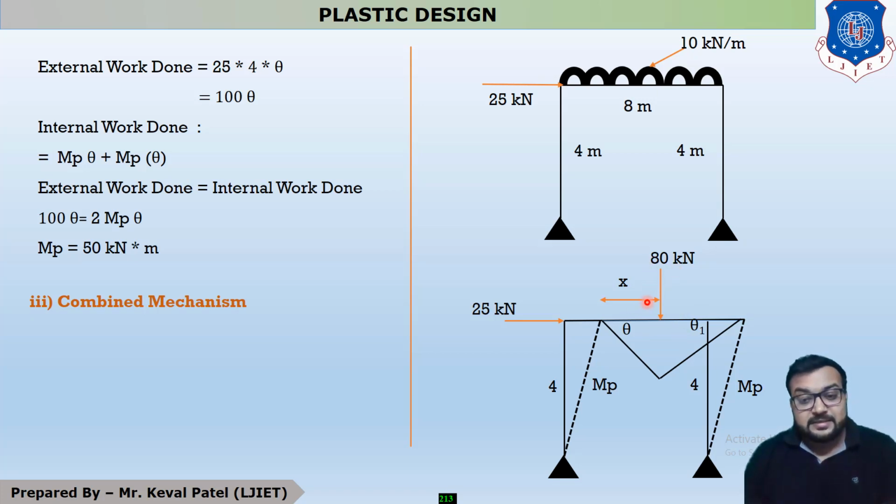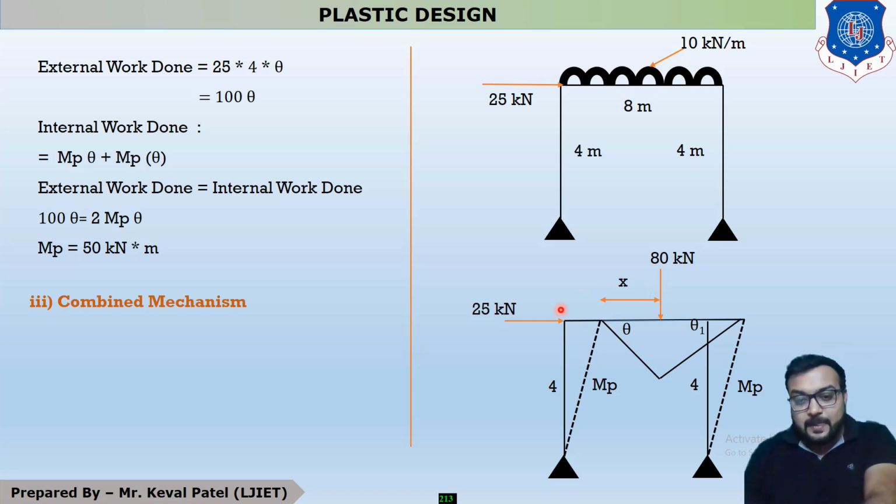So in this case, the propped cantilever case is possible. You may be thinking that both the supports are fixed supports, so why is it a propped cantilever beam? But it is just because your horizontal force is acting simultaneously.